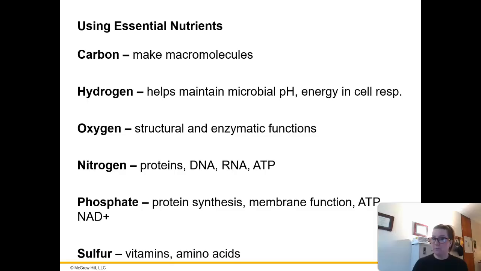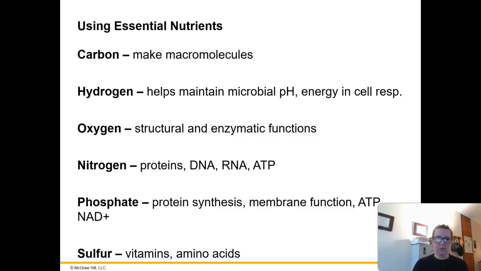Hydrogen, also super important to those macromolecules, but let's be a little more specific. Very important to maintaining our microbial pH and in helping in production of energy and cellular respiration. So you might have remembered I was talking about the electron transport system last time. So hydrogen is very important to that.